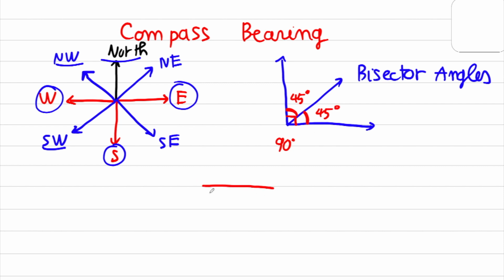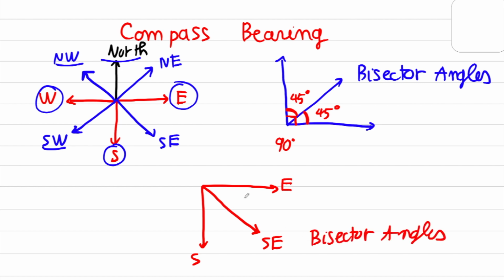Another example of the bisector angle: you have south here and you have south here. And the direction between south and west, we call it SW. And this one is the bisector angle. The bisector of this 90 degree angle will be 45 degrees and this one also 45 degrees.